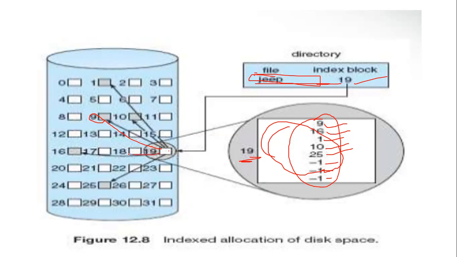It goes to 16, another file block. The next goes to 1 for another file block. Next is 10, it goes to 10. And next is 25, it goes to 25. That's it. The remaining minus ones indicate the end; there are no more file allocations. Like that, the file's disk space is allocated through the indexed allocation method.